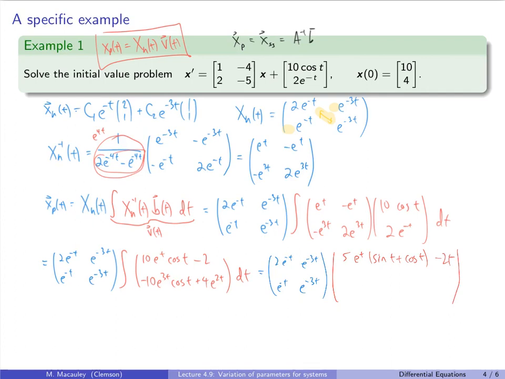And the bottom is negative e to the 3t times sine of t plus 3 cosine of t in parentheses plus 2e to the 2t.